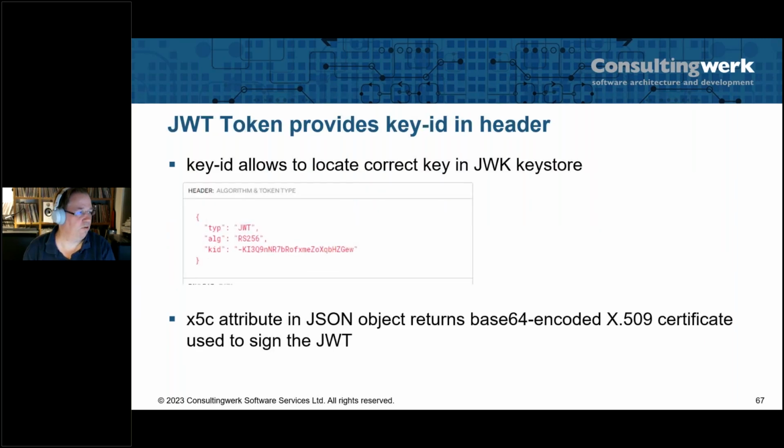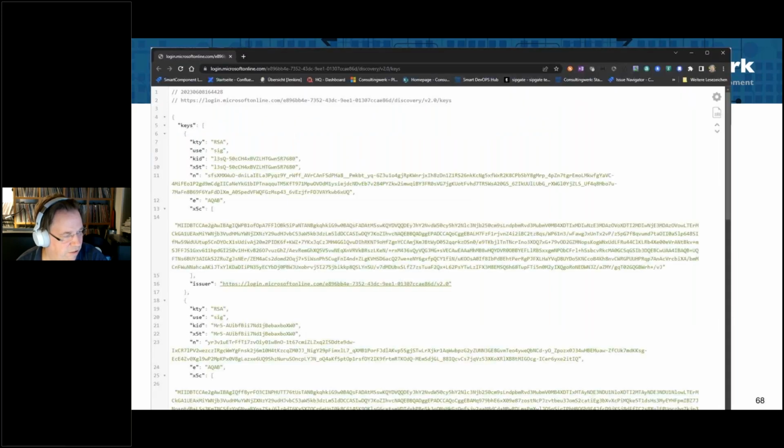And the first step there is we read from the header the KID, the identifier of the key. Because based on that, we can find in the JSON web key store the base 64 encoded X509 certificate that was used to sign the key. So that's how this key store looks like.